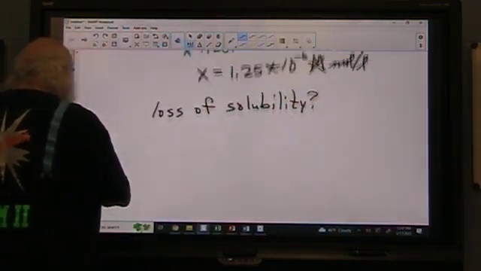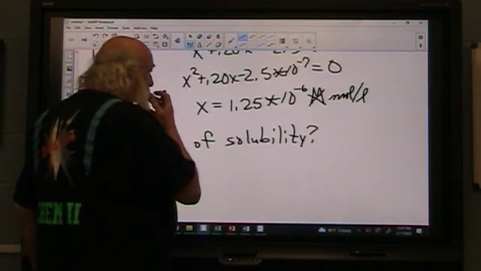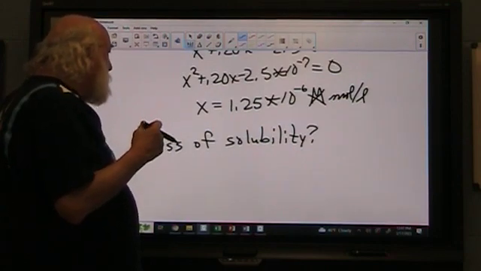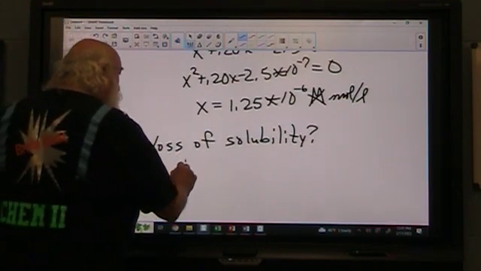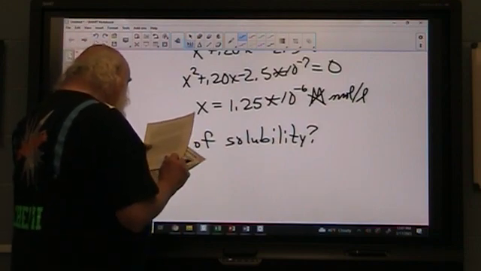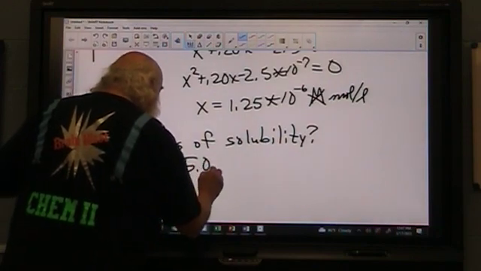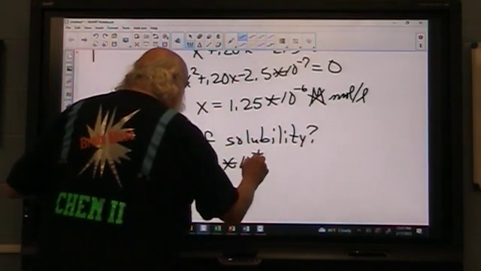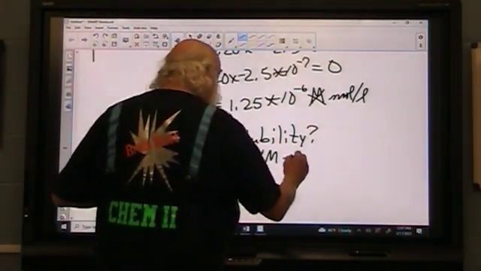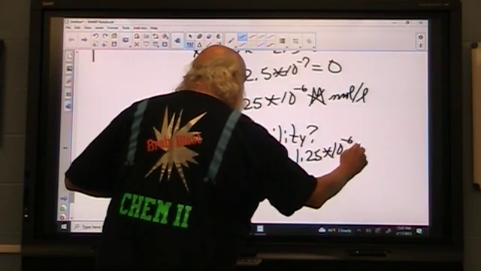Well, we know it originally started with 5 times 10 to the negative 4th moles per liter. And it went down to 1.25 times 10 to the negative 6 moles per liter.